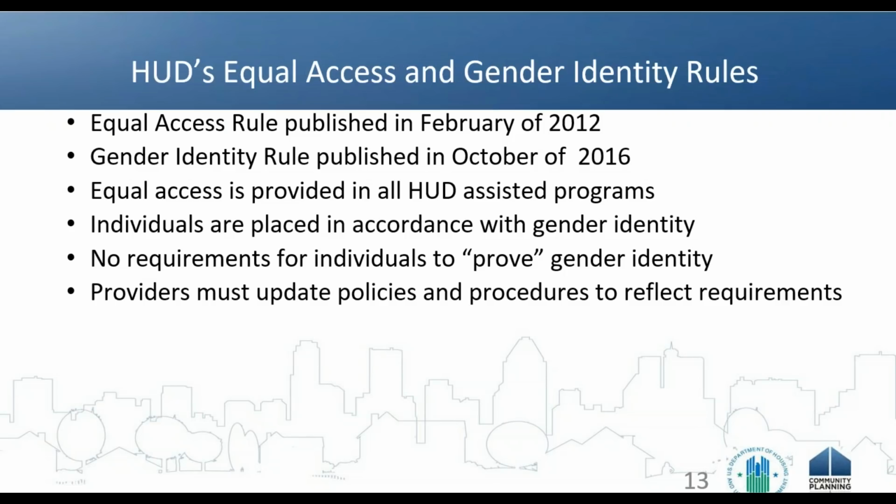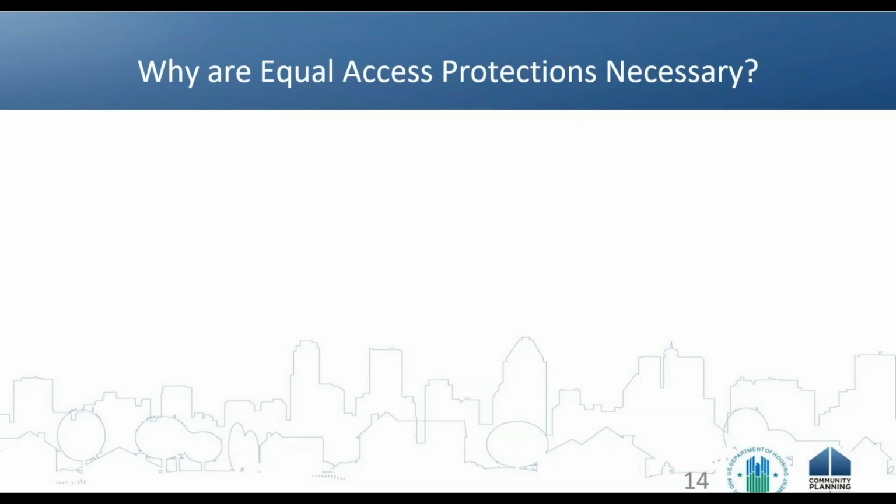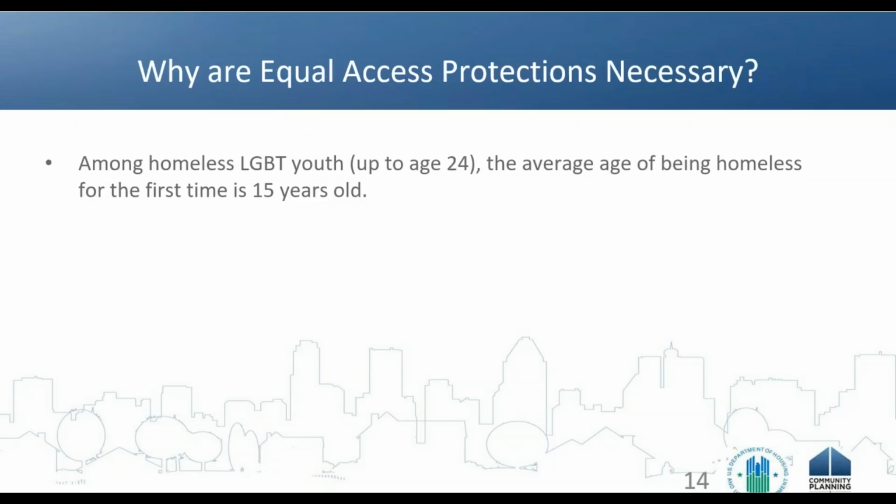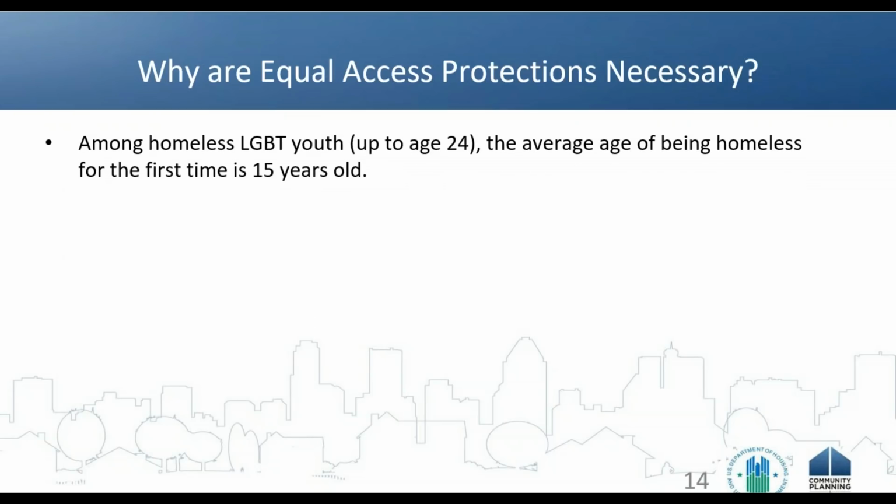So why are these equal access protections necessary? I just want to put a few statistics out there for you, some of the ones that moved us to set further requirements.